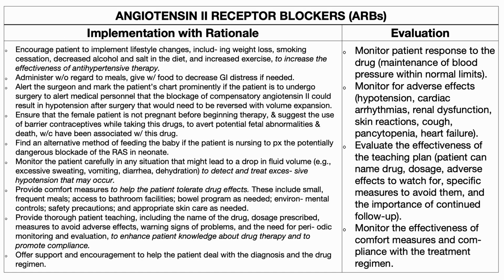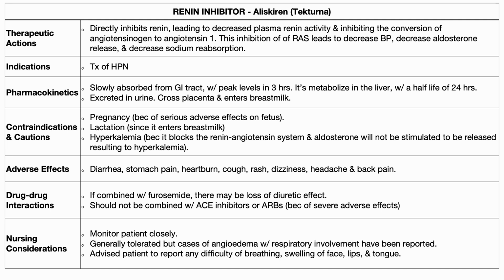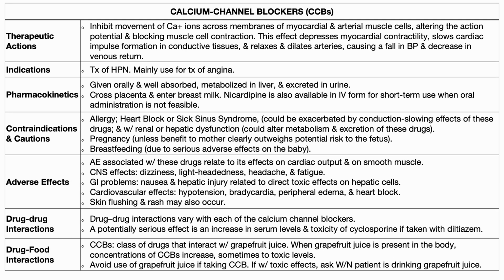So this one, the ARBs, and then renin inhibitor, calcium blockers, which of course also decrease the blood pressure, the same way that they will also decrease cardiac workload and myocardial oxygen consumption.